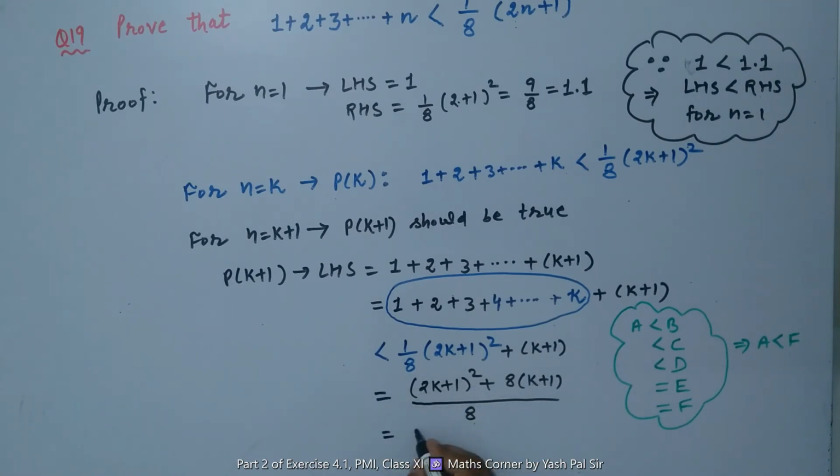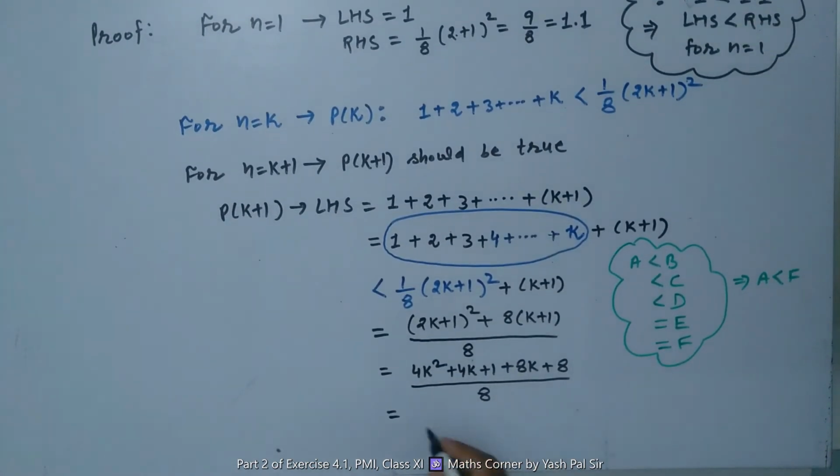opening the square, 4k square plus 4k plus 1 plus 8k plus 8 whole divide 8. This is equal to, further we write this equal to 4k square plus 4 plus 8, 12k plus 1 plus 8, 9 whole divide 8.